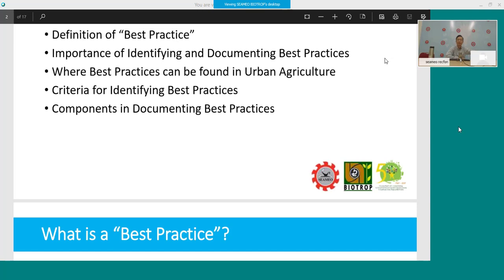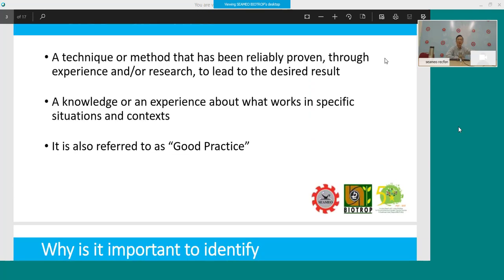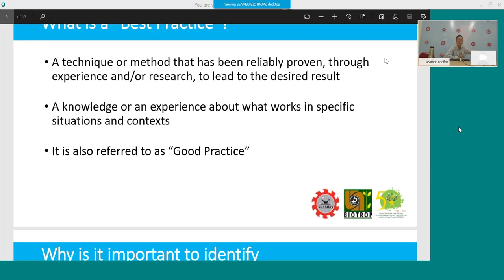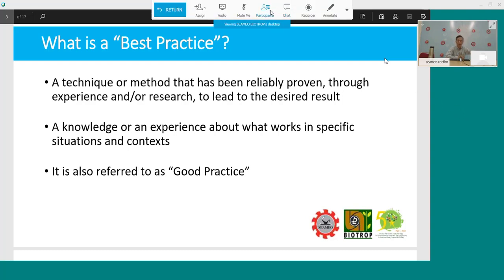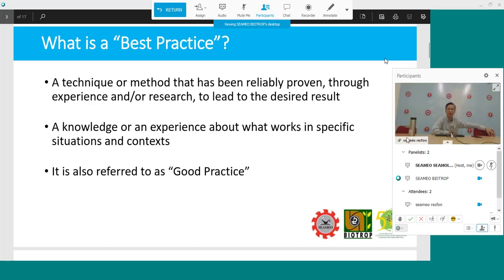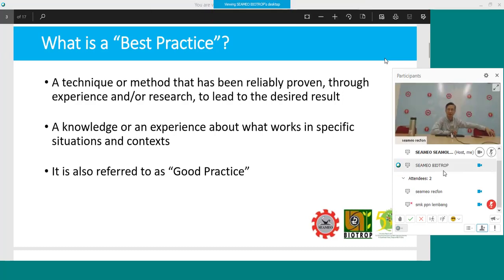Next slide. So in terms of defining what is the best practice, these are some definitions I gathered from the web, and it says that a best practice is a technique or method that has been reliably proven through experience and/or research to lead to the desired result.